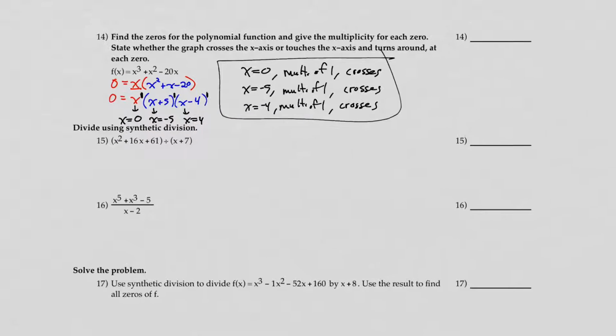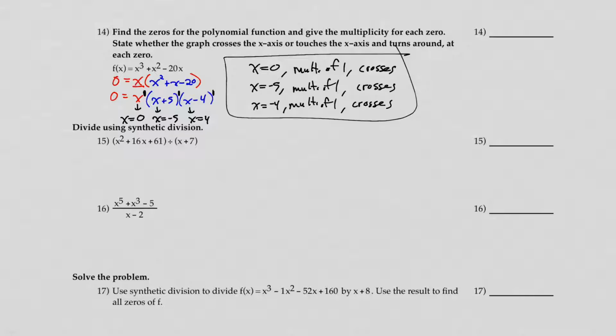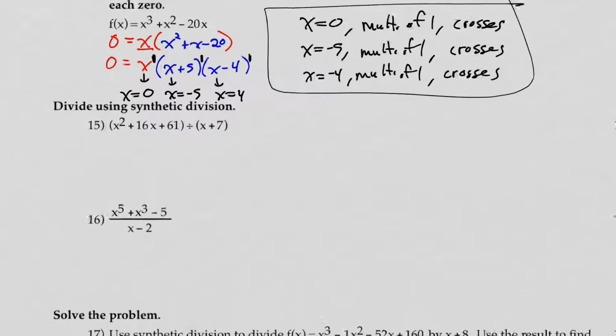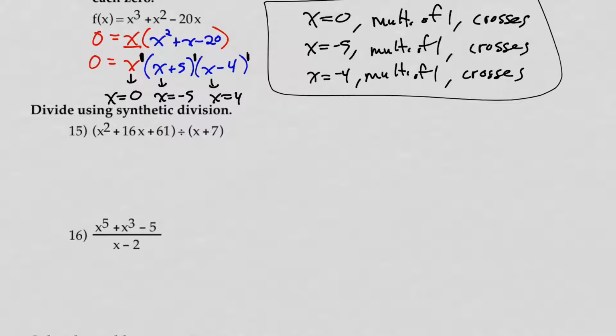Let us go to synthetic division in number 15 and 16. Okay, so remember we want to use the 0 of that binomial, of that factor. So we want to use x equals negative 7. So negative 7. And make sure this is in descending order, which it is. 2, 1, and then constant.